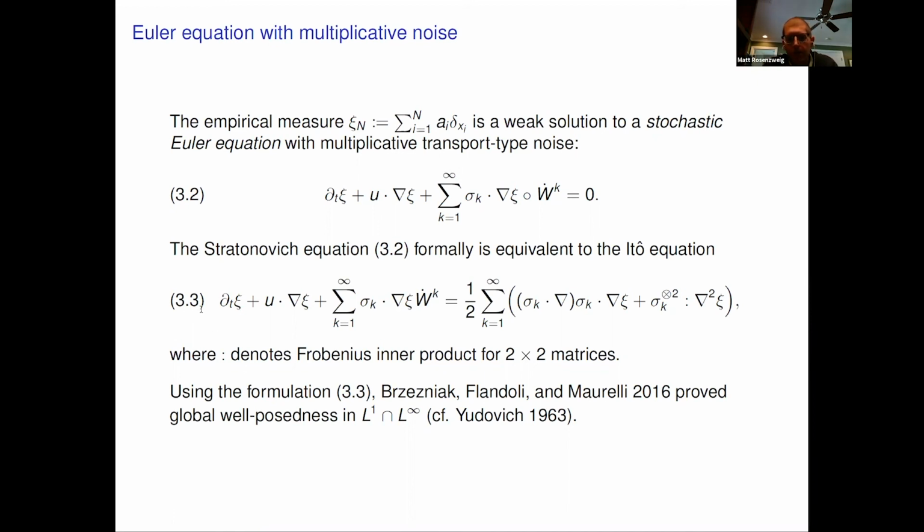Using this formulation, Brzezniak, Flandoli, and Maurelli proved an analog of the Yudovich theorem for the vorticity of the deterministic Euler equation. You have global well-posedness for initial vorticity in L1 and L infinity.